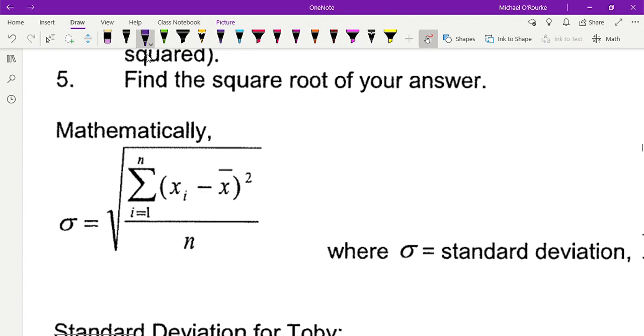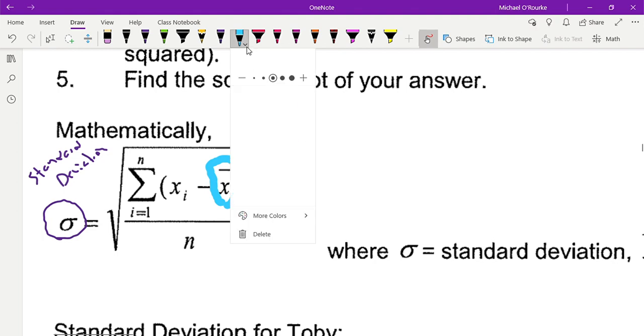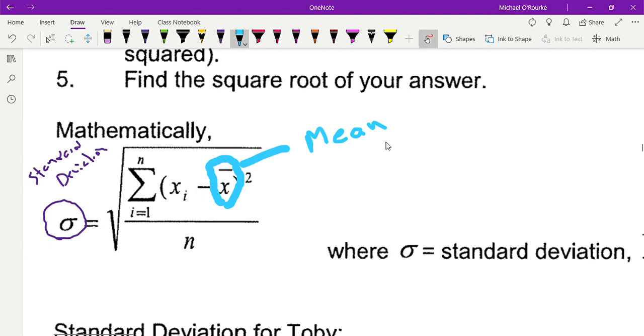Don't be scared. It wants to be your friend. That there is the symbol for standard deviation, that's what we're working on right now. This symbol here is the symbol for your mean. I'd also add that: X with the line over top of it means mean.